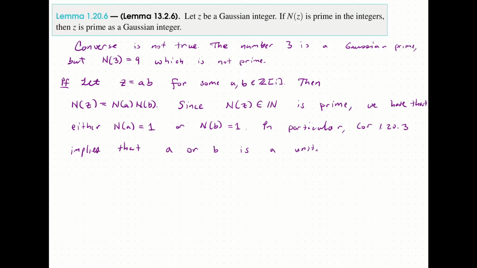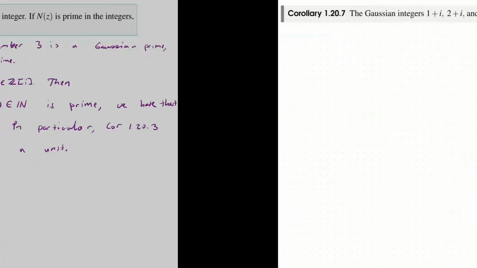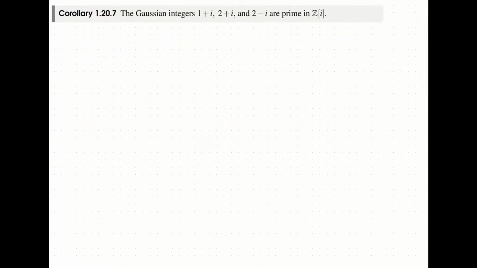And so as a consequence, now we have that 1 plus i is in fact prime, as well as 2 minus i. And so the Gaussian integers 1 plus i, 2 plus i, and 2 minus i are all prime, since the norm of 1 plus i is 2, the norm of 2 plus i is 5, and the norm of 2 minus i is also 5.